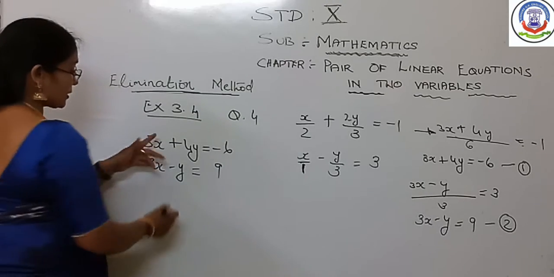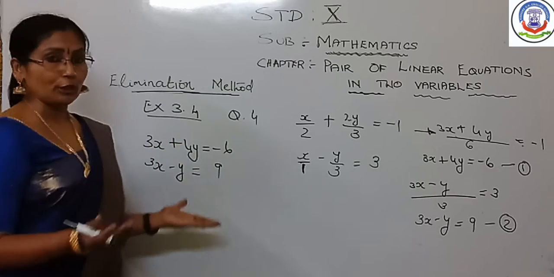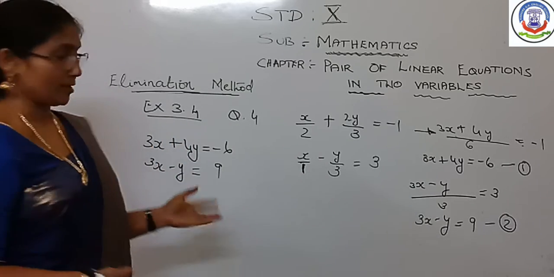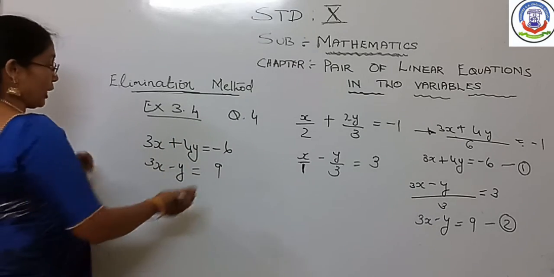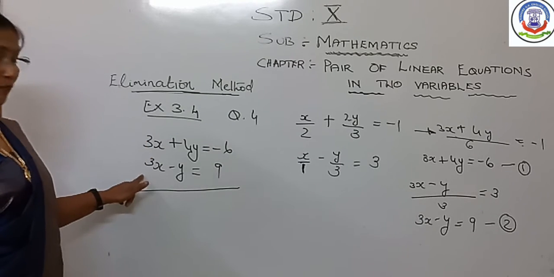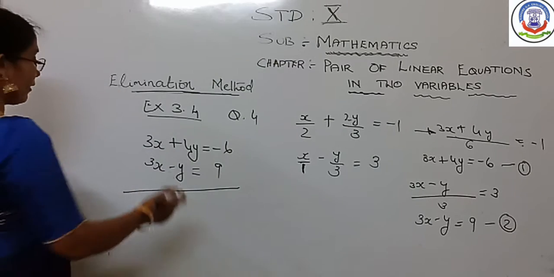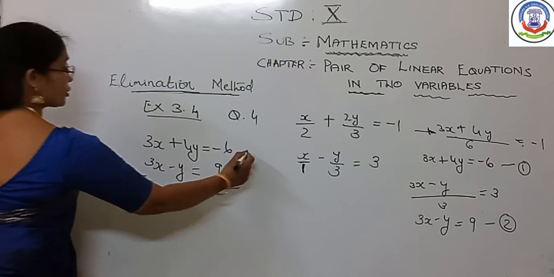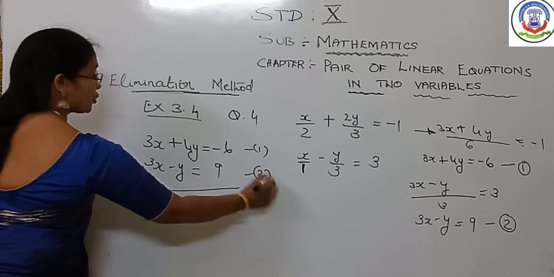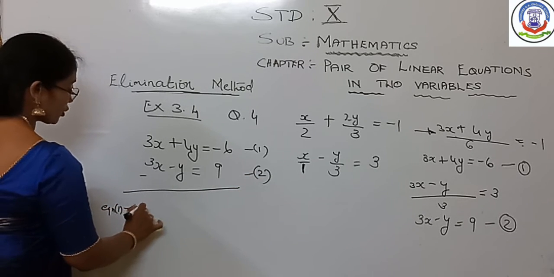The coefficients of x are already equal, so there is no need to multiply with any non-zero constant. Addition will not do here. To eliminate x, you subtract, that is, equation 1 minus equation 2.